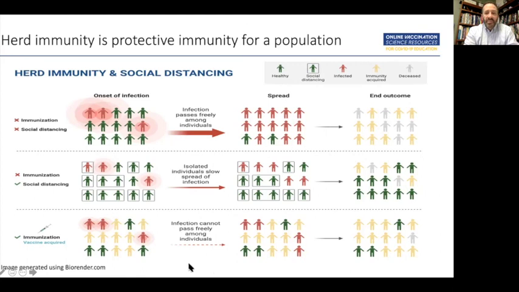Those who are immune will stay immune. And those who are infected may recover without spreading the disease to others. So in the end, you have people who are still immune, you have people who have recovered, and you have a much lower mortality rate because the number of people who are infected is much lower.